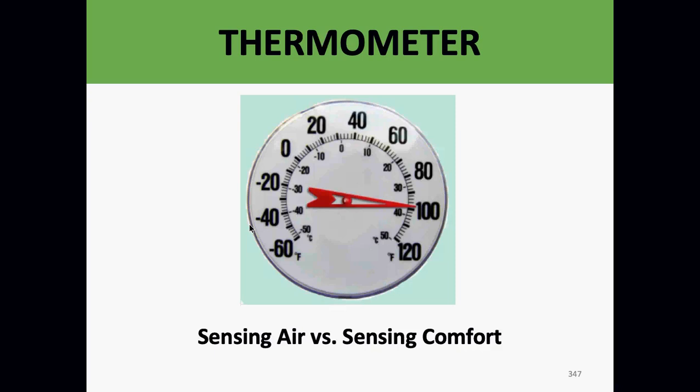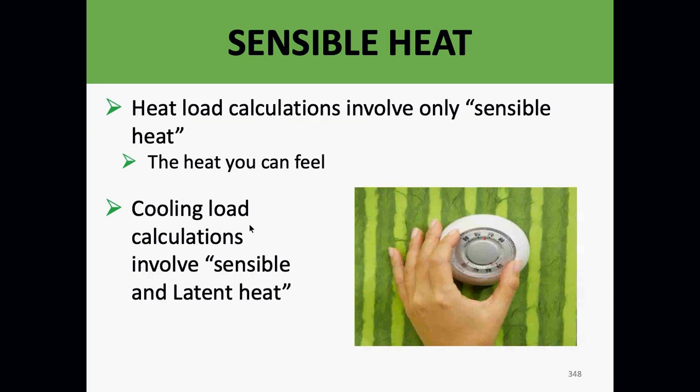Now, we've talked about this a little bit when we talked about the psychrometrics. Sensing air versus sensing comfort. Big difference. Humidity falls into play. Heat load calculations involve only sensible heat. That's the heat you can feel, the heat I can measure with a thermometer.